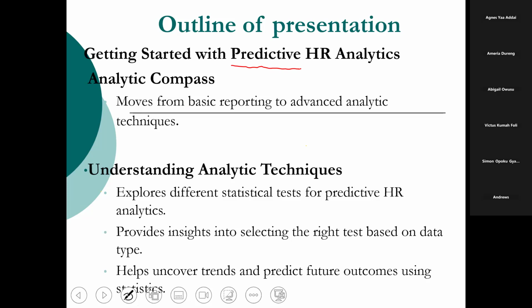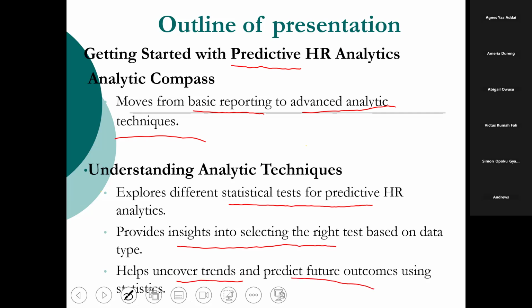Here we are moving from basic descriptive analysis to more advanced analytical techniques. So at the end of this outline, we have to look at the different statistical tests for predictive. We'll provide insight into setting the right test based on our data and our data type, and then we'll uncover trends, predict future outcomes.